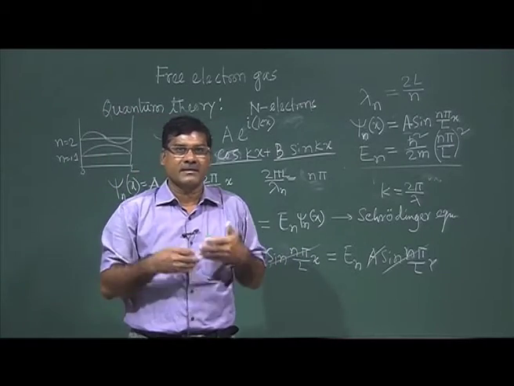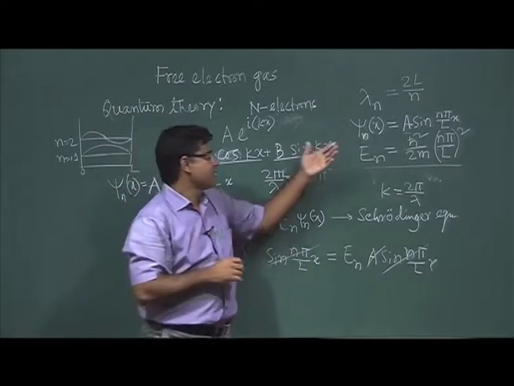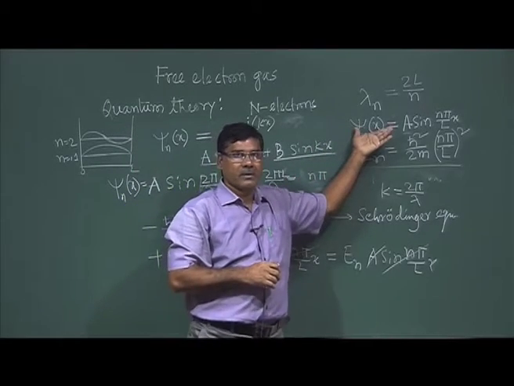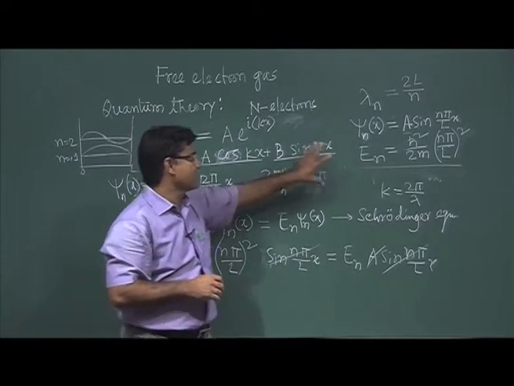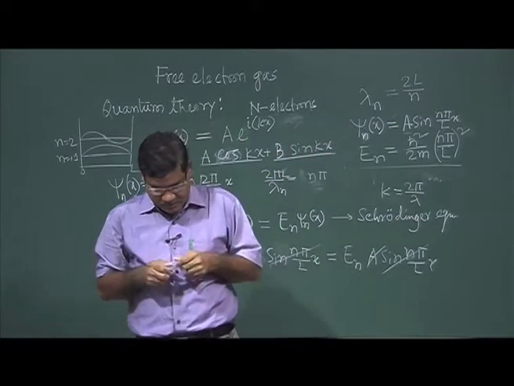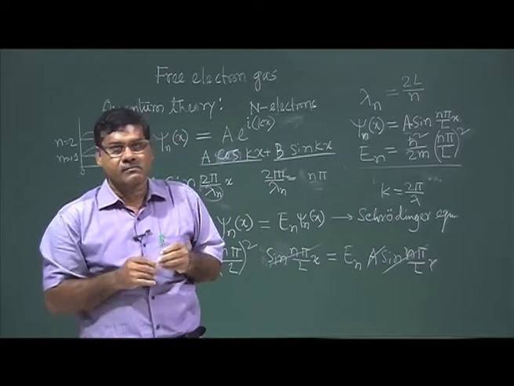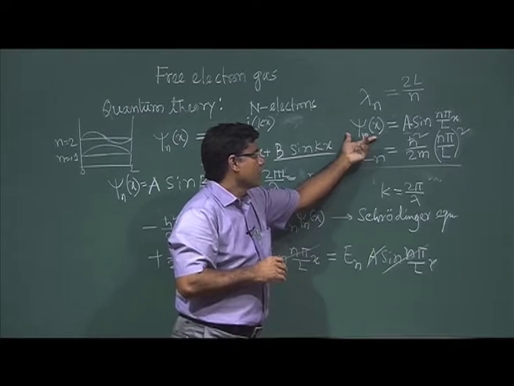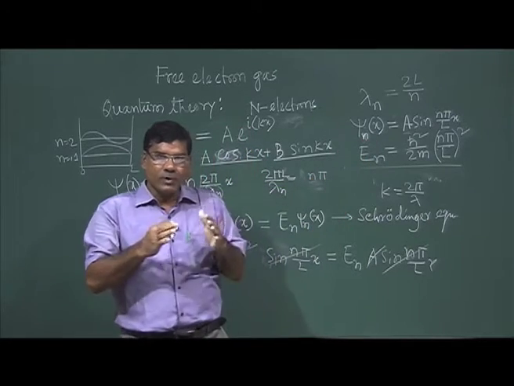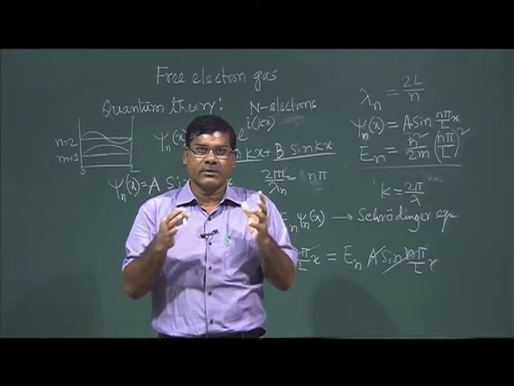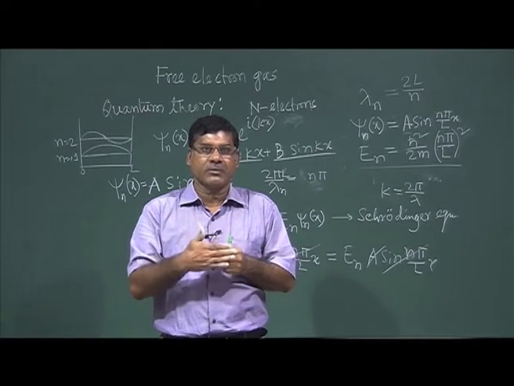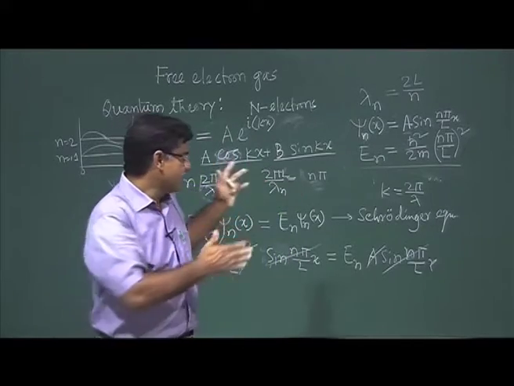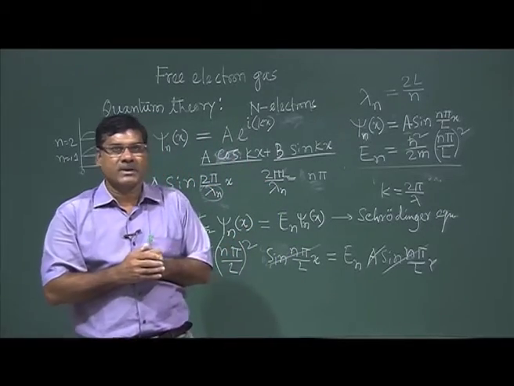What is the normalization? Basically, this psi n is representing one electron. Here we have considered the state for one electron, so that will be within the box, within the metal. So, the probability to find the electron within the box, within this length L, has to be 1.